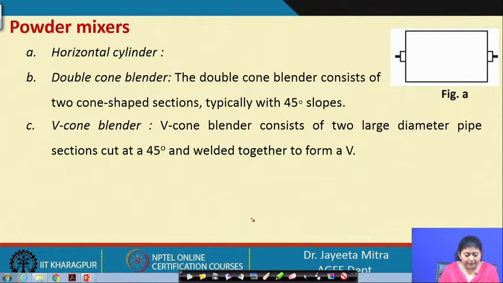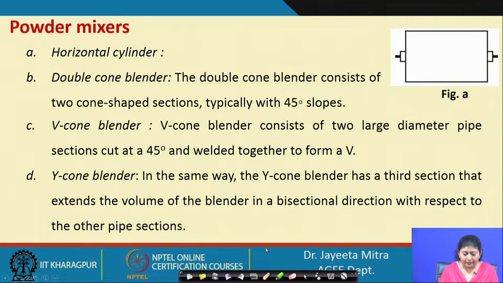The double cone blender consists of two cone shaped sections, typically with a 45-degree slope. We will show you the diagram. Then the V cone blender consists of two large diameter pipe sections cut at 45 degrees and welded together to form a V. The Y cone blender, in the same way, has a third section.